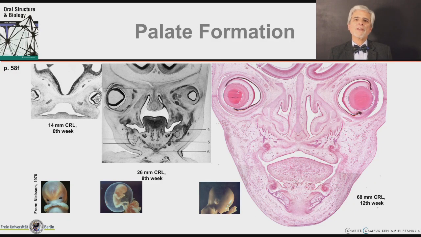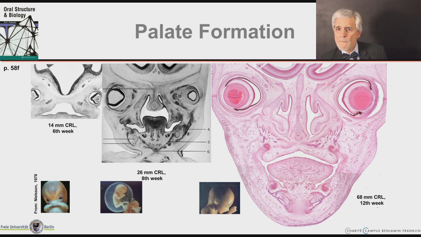If you look at the color photographs below the histological sections, you will see that the face has straightened somewhat. We have already seen how this works mechanically. The expansion of Meckel's cartilage and the nasal capsule contribute significantly to this process.